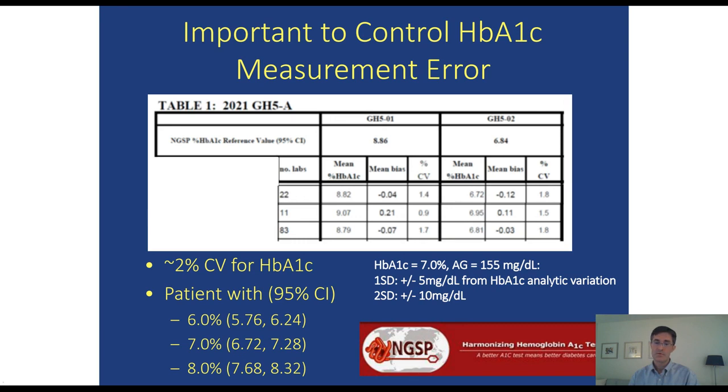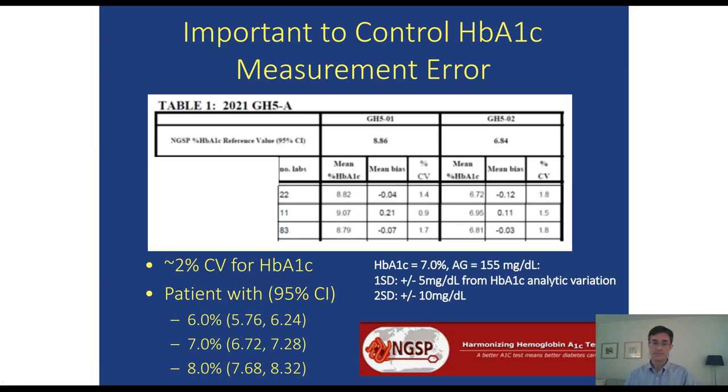And for an A1c of 7, the true value due to analytic error could be anywhere from 6.72 to 7.28. In the case of an A1c of 7, that potential analytic error would mean that the average glucose estimate could be wrong by 5 or 10 milligrams per deciliter, which, as we've seen previously, is quite significant.